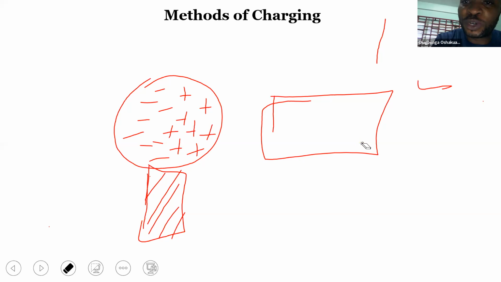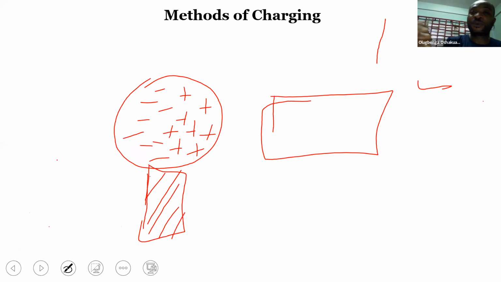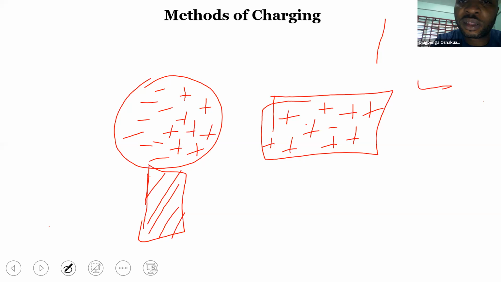In the first scenario I've just talked about, the charged body had excess negative charges and few positive charges, making it negatively charged. Now, let's think about this body having excess positive charges.